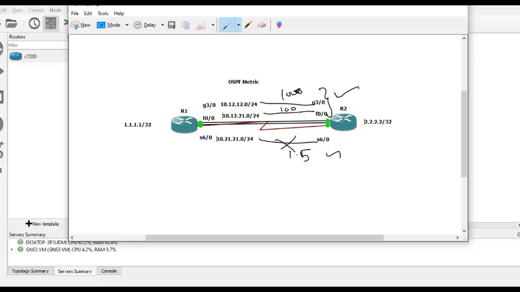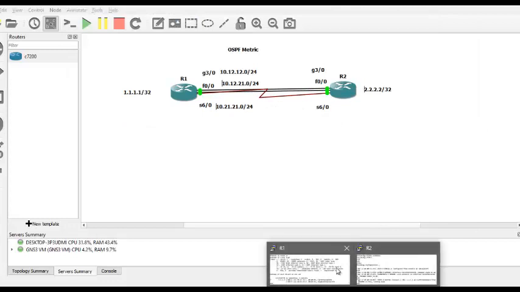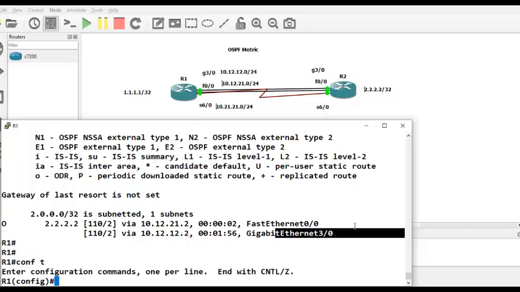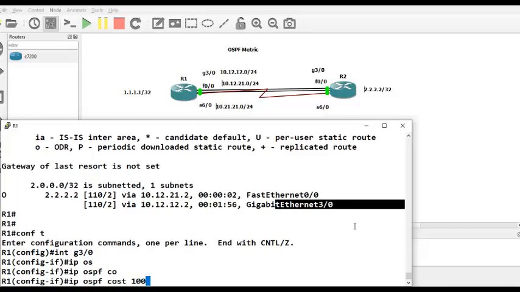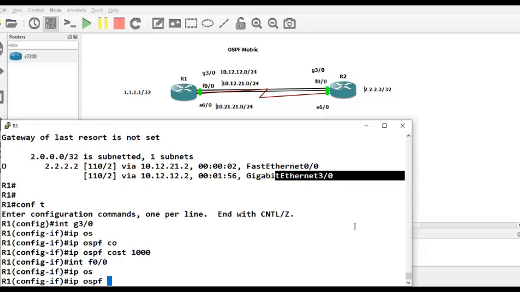Okay, that's one story. The other story is you can manually configure the cost. So now what I'm going to do, I'm going to configure the cost manually so that serial will be preferred, these two will not be preferred. Let me do that. I'll go to interface gig 3/0, IP Ospf cost 1000, interface F0/0, IP Ospf cost 1000.